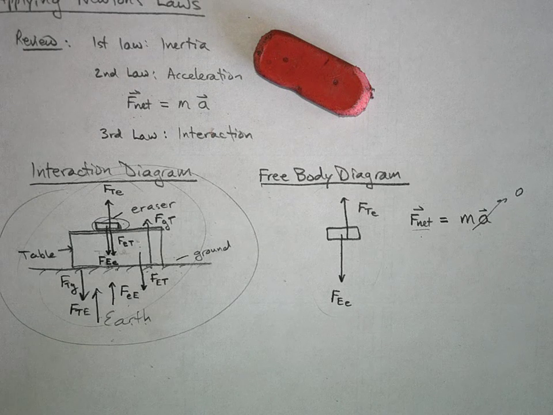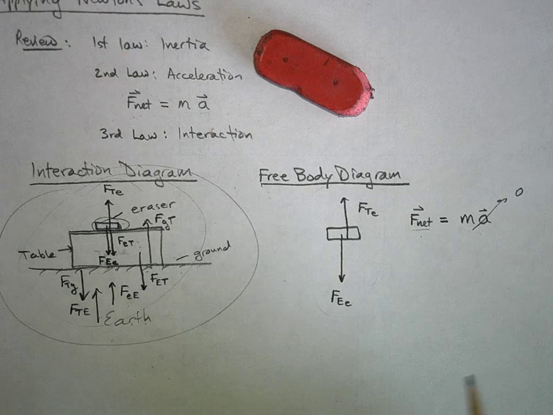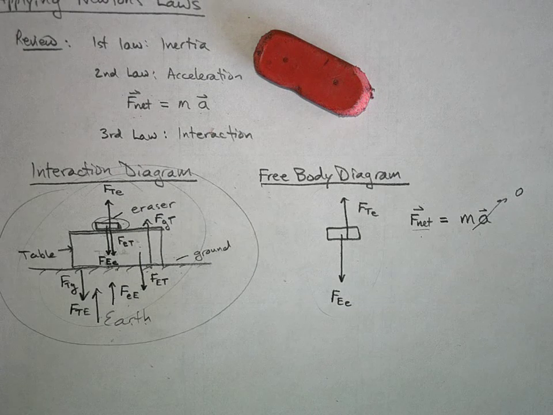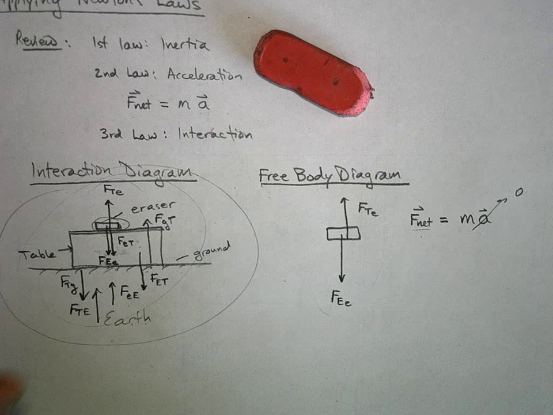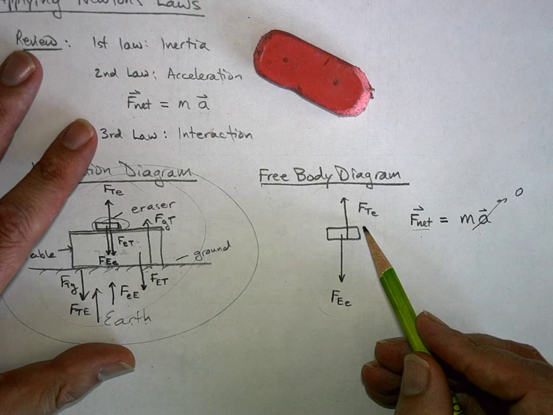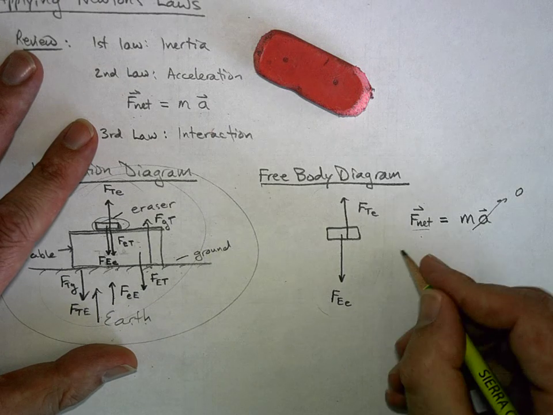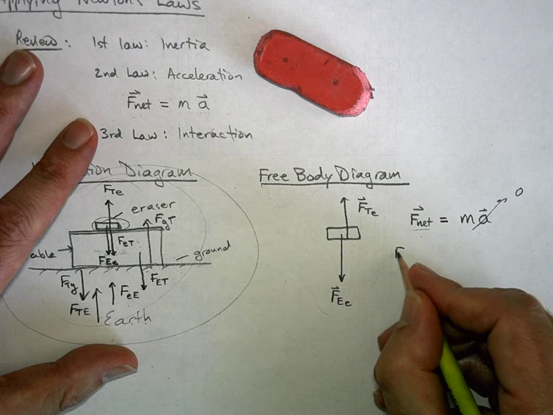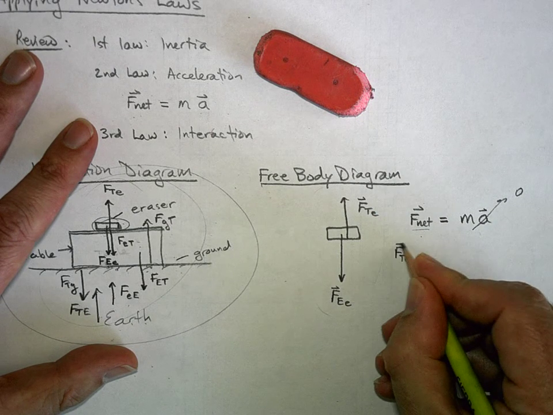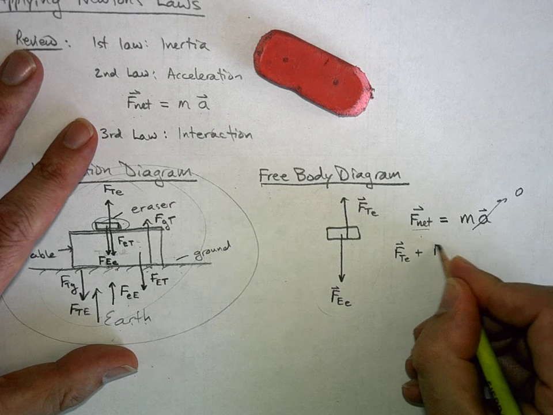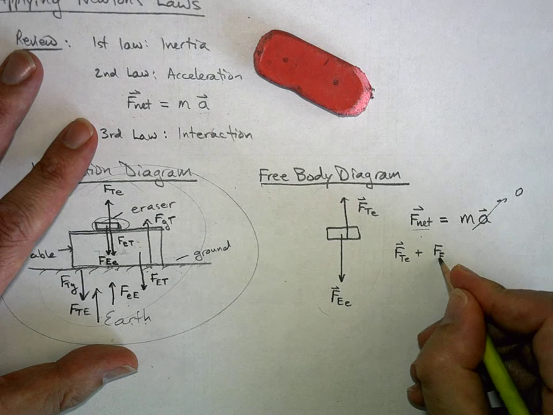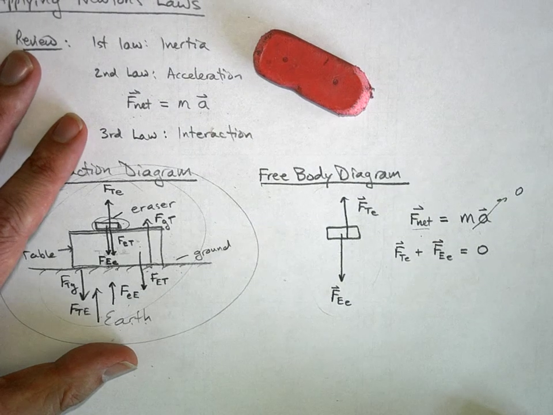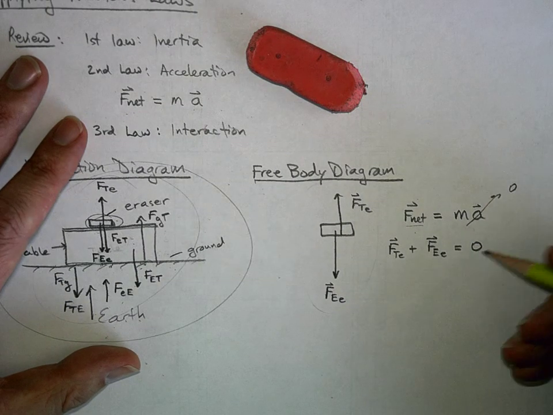Now, we're going to do another problem where it's not going to be this trivial, but when I add up all the forces, I have to add these forces. So now let's call this a force and this a force. So it's the table on the eraser plus the earth on the eraser, and that has to equal 0 because the acceleration is 0.